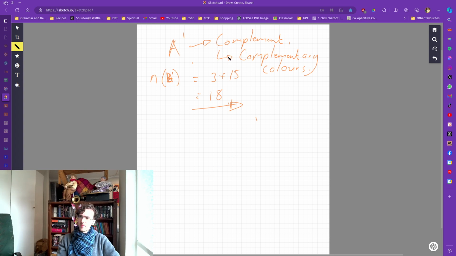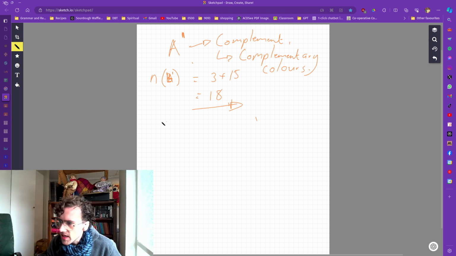So the complement of A is A1 because it's the opposite of A. So everything that is not A. Now, E, sorry, is our universal set.